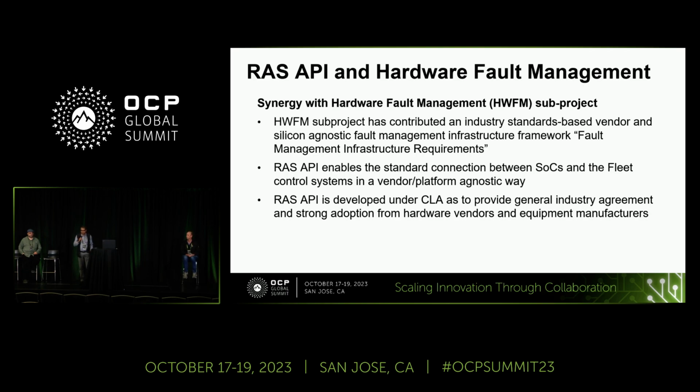So it helps the framework. Also, it is developed under CLA to provide general industry agreement and strong adoption from all the major hardware vendors and equipment manufacturers.